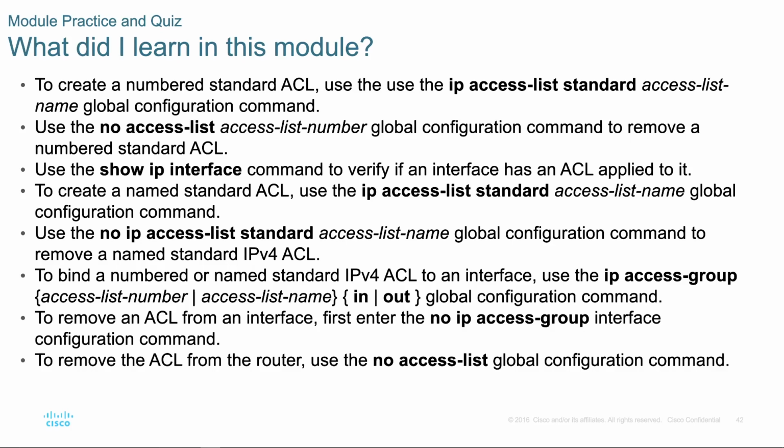We then went through the named standard ACL and its various parameters being basically the same as the numbered version. The difference between ip access-group and ip access-class being groups are applied to interfaces, class is applied to lines. So remember that one.